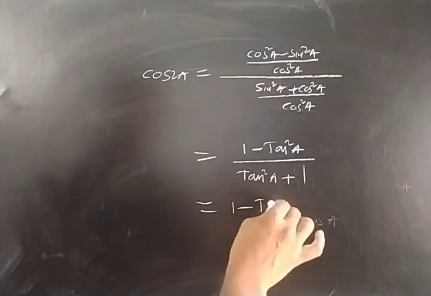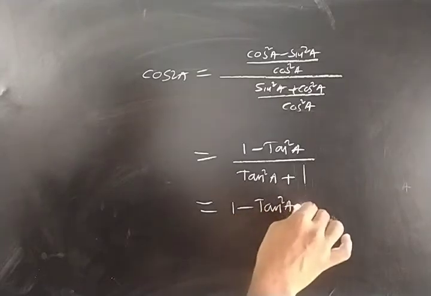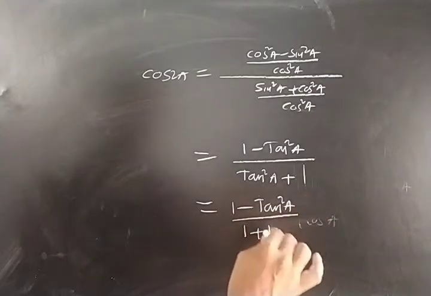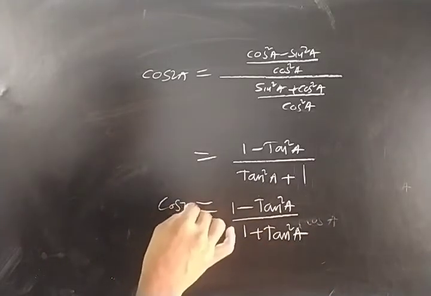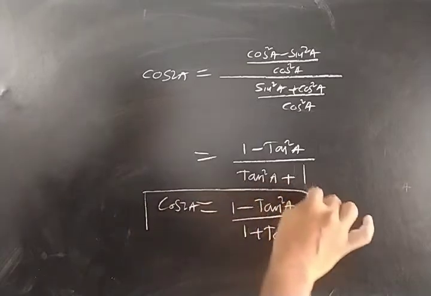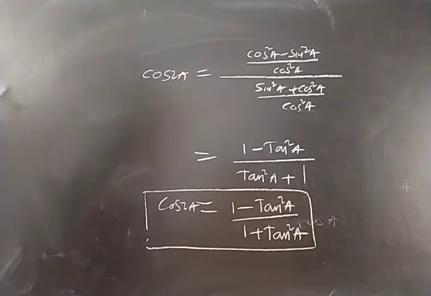So it will be 1 minus tan square A by 1 plus tan square A, which is the cos 2A form.